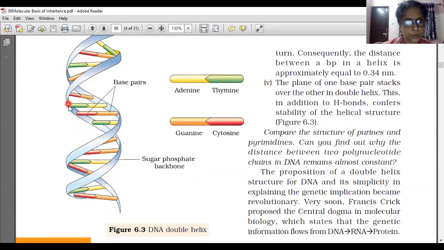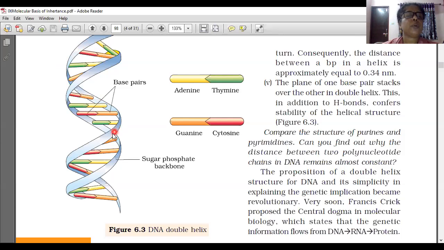This polynucleotide chain is made up of sugar phosphate bonds only. Sugar and phosphate, pentose sugar and phosphate only. These are the bases. Bases are projecting outwards like this only. Base pairs. So all three components are there. First point, all of you understood.